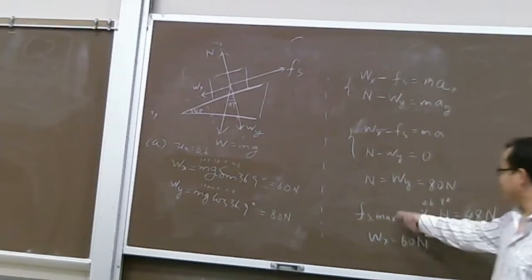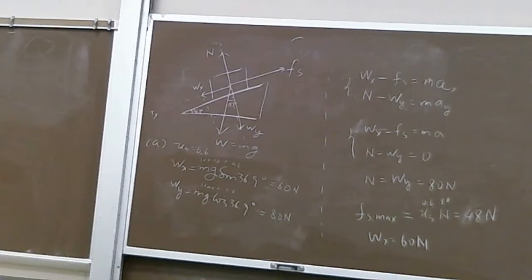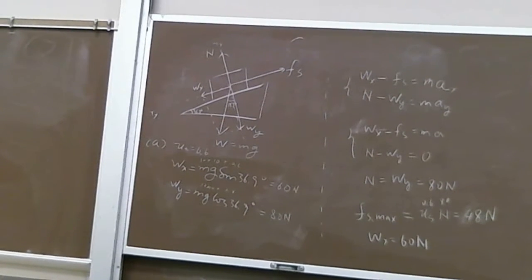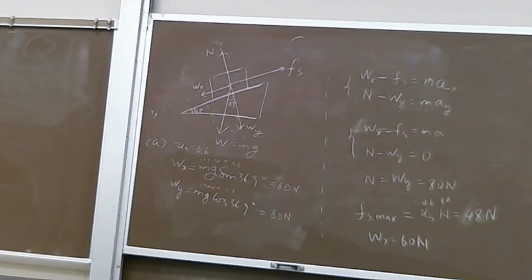So if we compare the two, which one is larger? So Wx is greater than Fs max. So the actual static frictional force should be the same as which? Fs max. Equals 48 Newton.